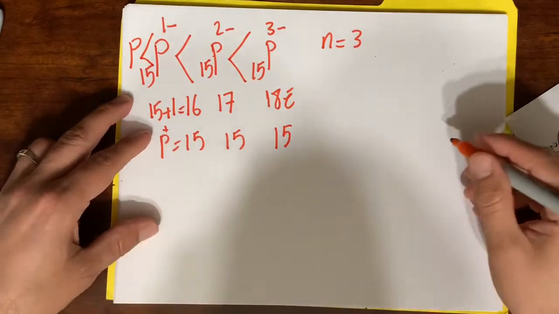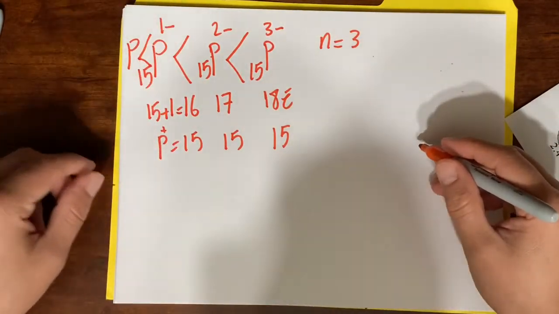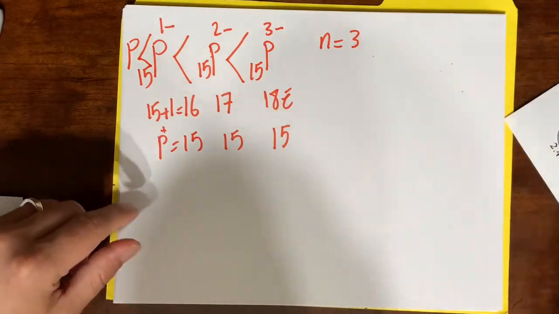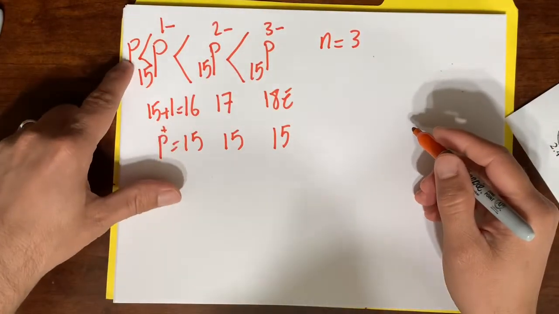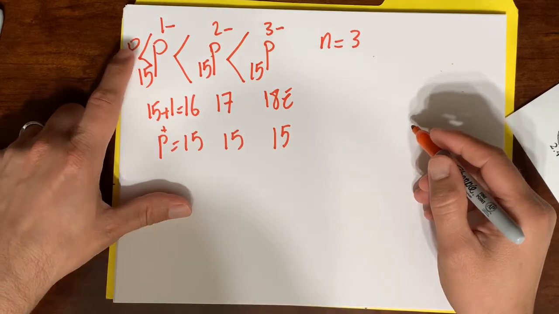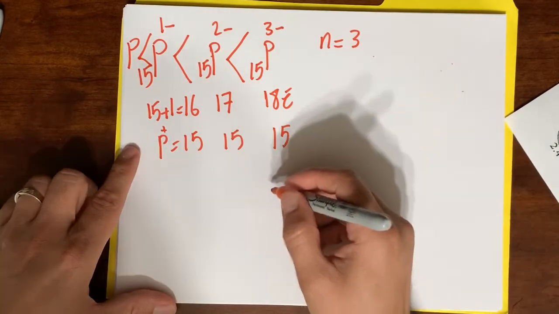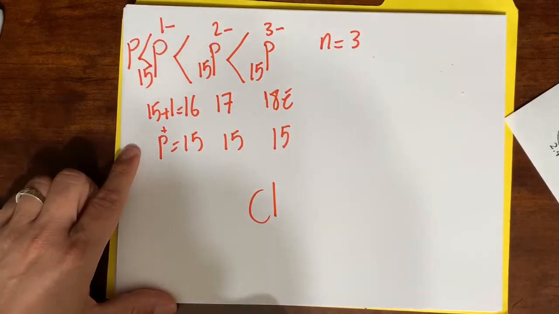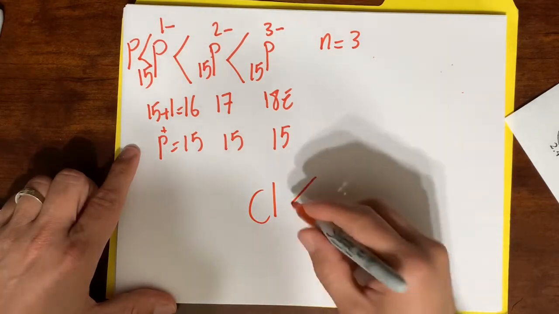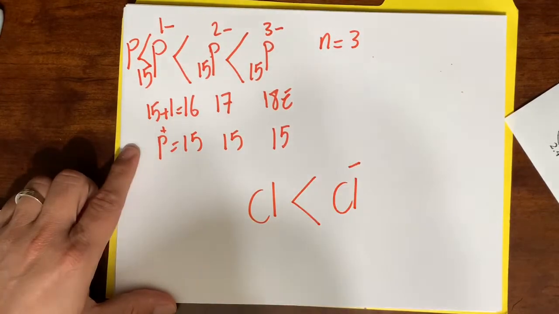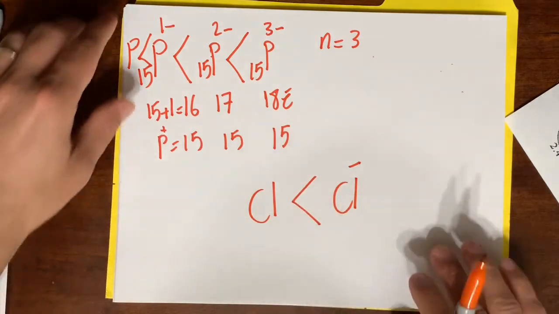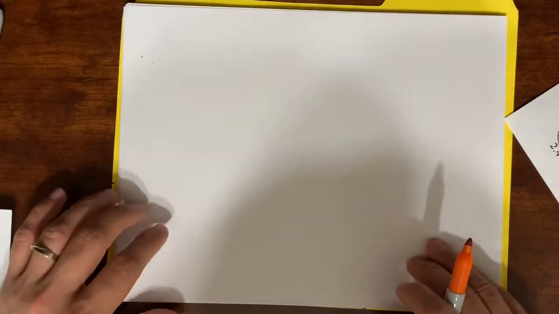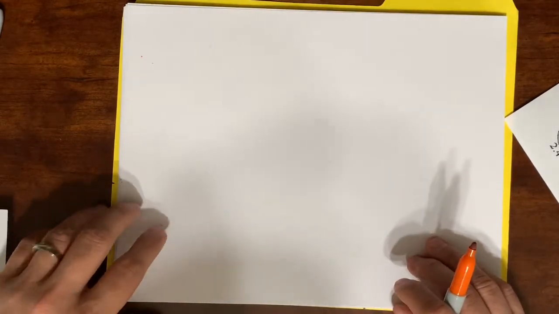It will have the smallest size, and anions always will be bigger than the mother element. So the neutral element, like chlorine, will have a smaller size than the anion. When it comes to cation, the trend is different.